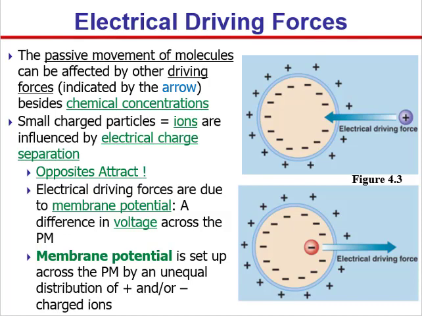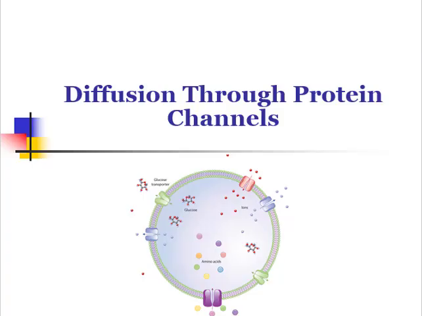The positives are attracted to the interior negative, and the negative interior is attracted to the positive outside, and those charges tend to line up at the barrier. They can't get through, so you have this buildup of charge inside and outside of the cell. We will definitely talk about this a lot more in Unit 2, the next unit after Unit 1.